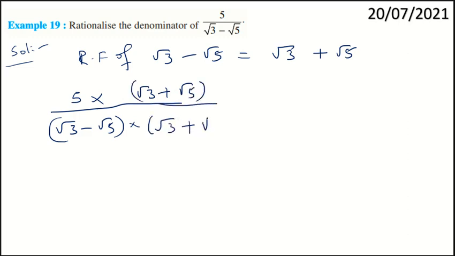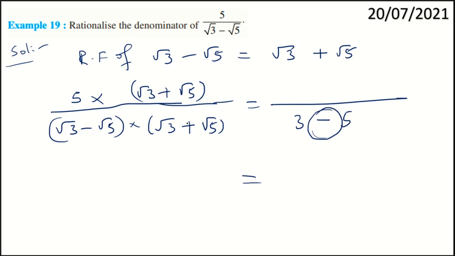So in the denominator we will get root 3 square, meaning 3, minus root 5 square, meaning 5. Here we will always get a minus. Remember, this is always negative, because a minus b into a plus b is always a square minus b square. So we will get minus 2 as the denominator.